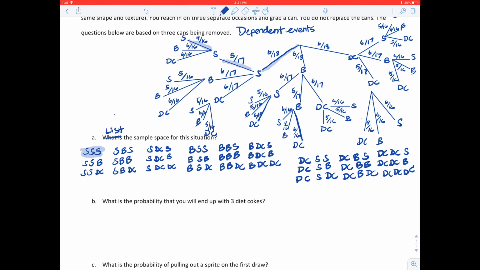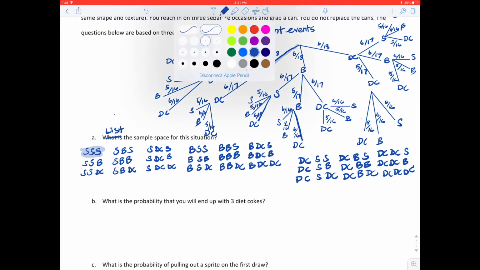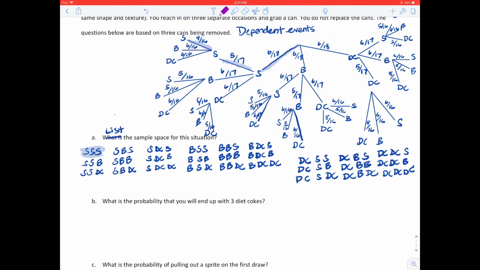So what is the probability that you will end up with 3 Diet Cokes? Well, Diet Coke, Diet Coke, Diet Coke was over here. That's the only way you can get 3 Diet Cokes, by the way. So the probability of Diet Coke, Diet Coke, Diet Coke is going to be equal to, I just multiply along the branches.